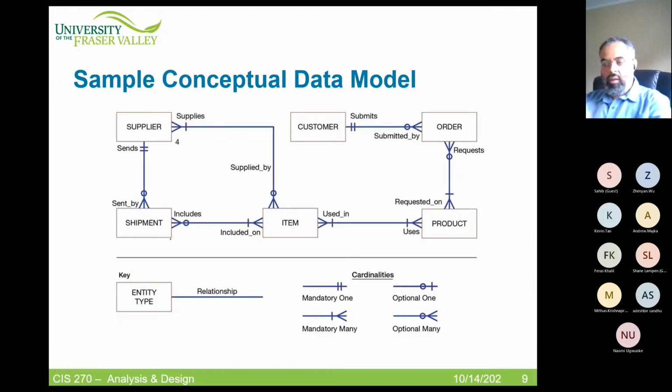This is a sample. I will not discuss it now because I will discuss it during the lecture, just to know what I'm talking about: the conceptual data model. This is a sample of an ER diagram. We said ER model and ER model diagram, the same as when we talked about use cases.